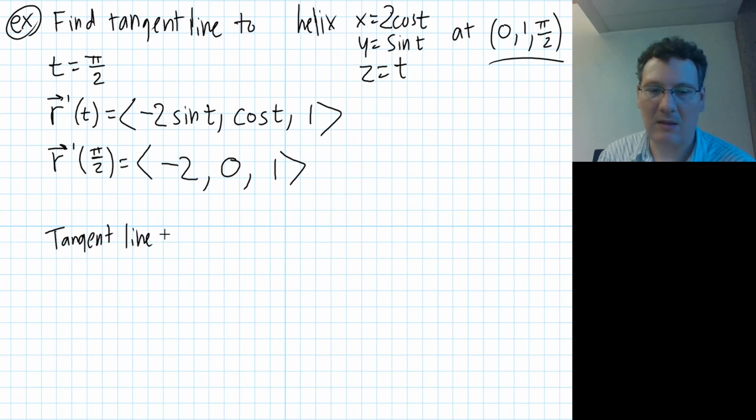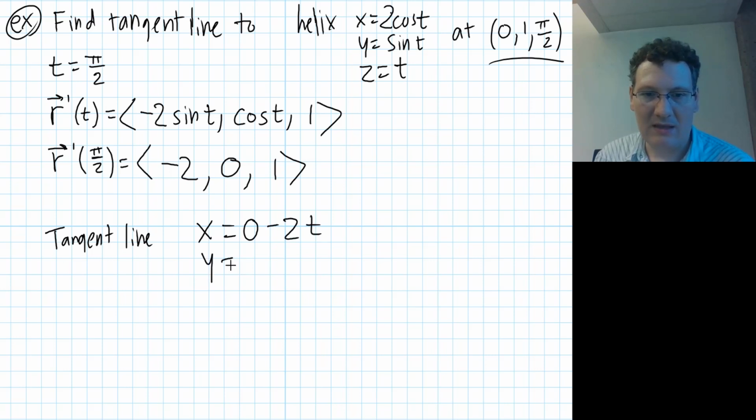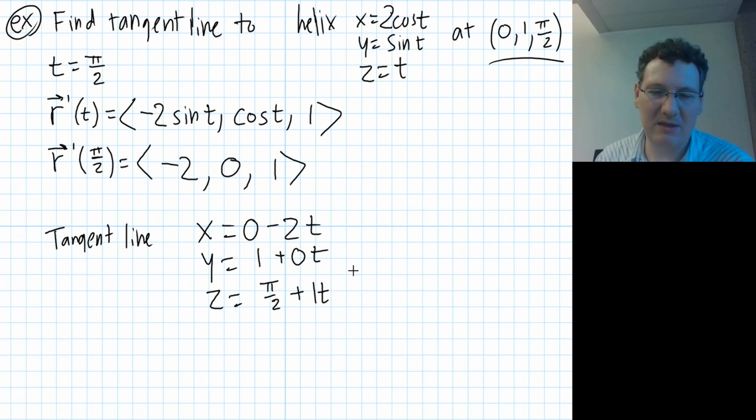Okay, to find the tangent line, I have the point 0, 1, pi over 2, and so my tangent line can be written as x equals 0 minus 2t, y equals 1 plus 0t, and z equals pi over 2 plus 1t, which can be cleaned up quite a bit.